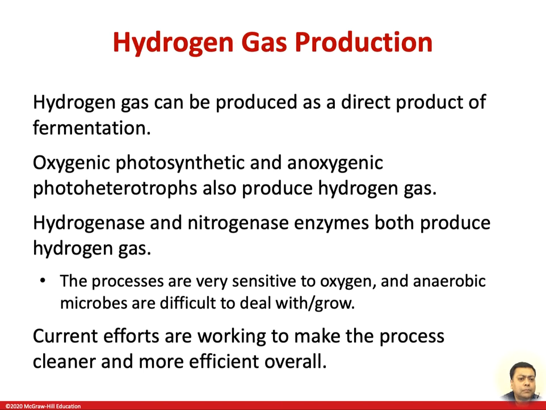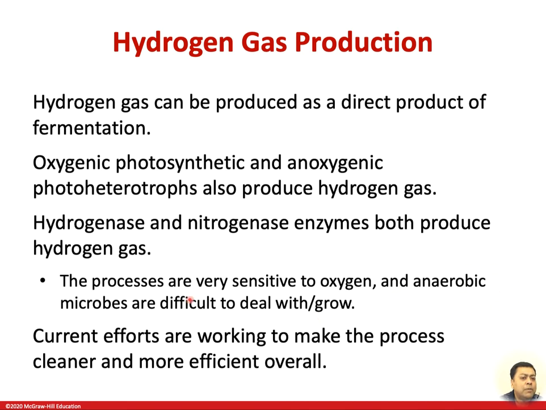So hydrogen is produced as a direct product of fermentation, and anoxygenic photosynthesis, and oxygenic photoheterotrophs also produce hydrogen gas. And what happens is that the hydrogenase and nitrogenase enzymes both produce hydrogen gas. But the problem is that the process is very sensitive to oxygen.